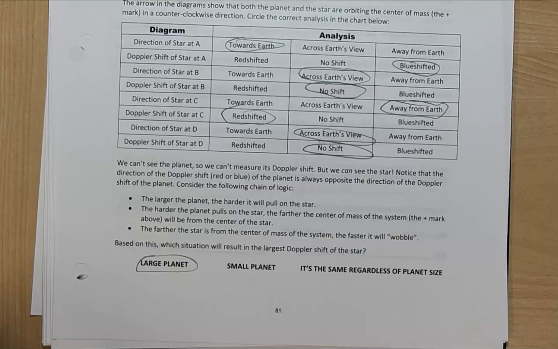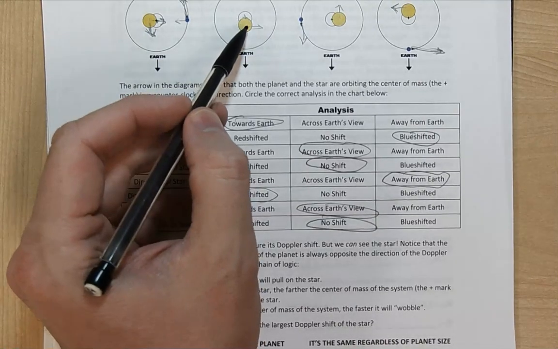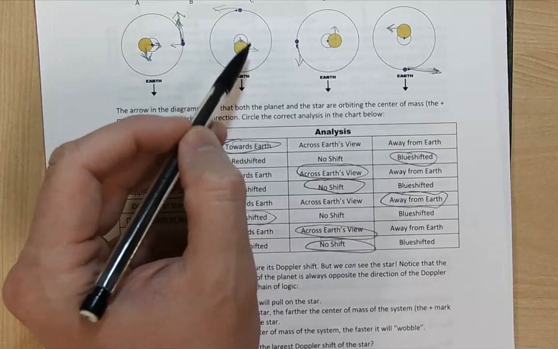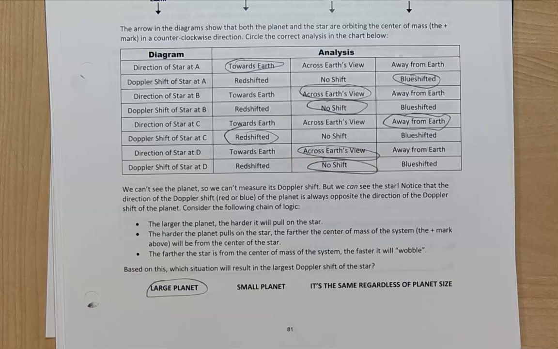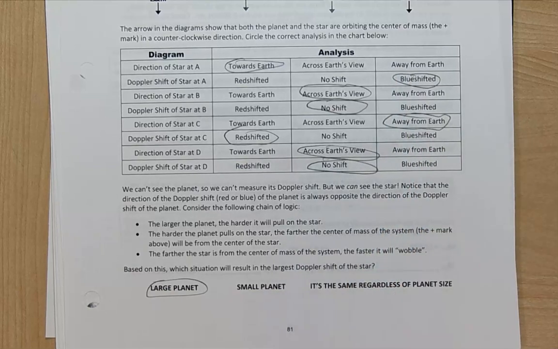If it has higher mass, it's going to exert more gravity on the star. If it's exerting a stronger gravitational force on the star, then the star is going to get dragged around faster. And if the star is moving toward or away from us faster, then we'll see a greater Doppler shift, in both directions. In the blue shift direction and the red shift direction.